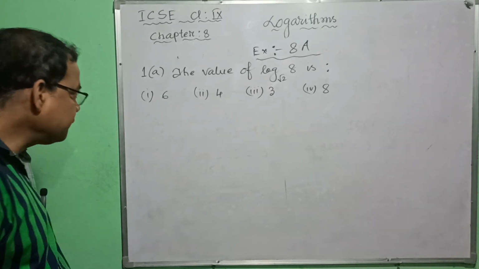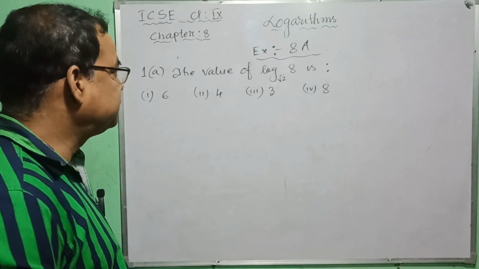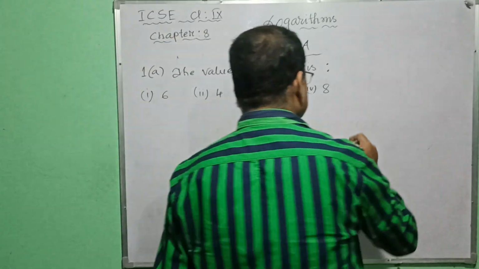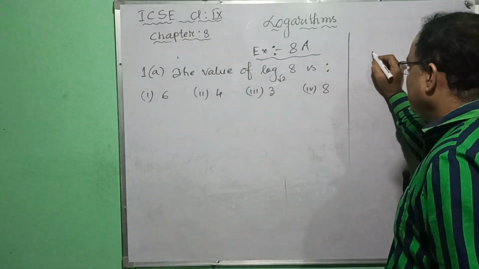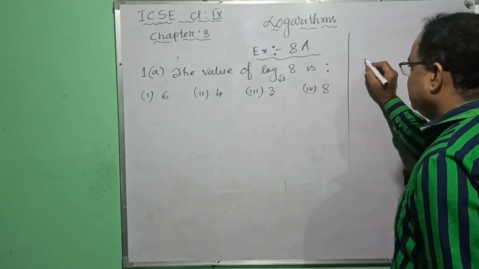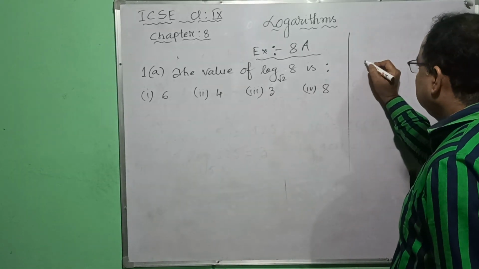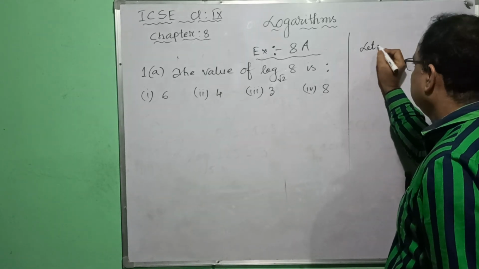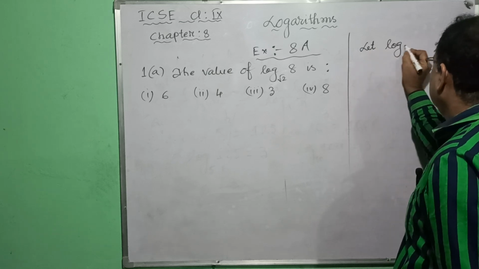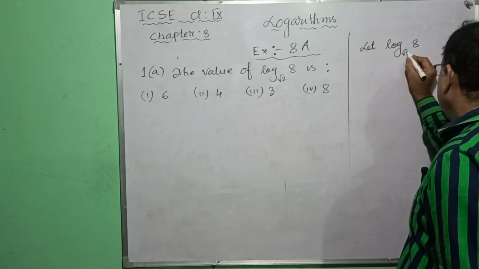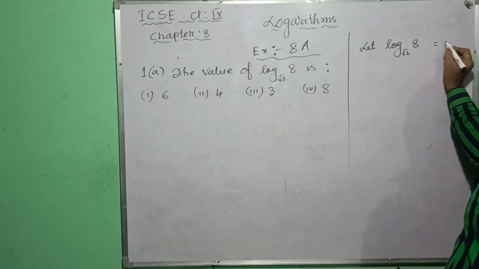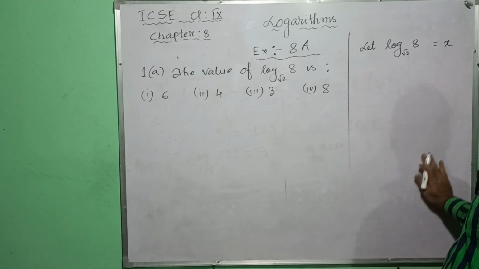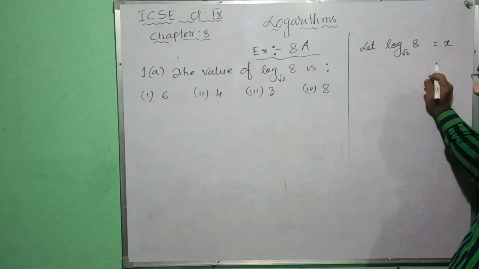Now we'll check what is the value of log 8 base root 2. It is easy to do in this process. Let log 8 at base root 2 equal to x. So it is very easy to solve in this way if we take it as x.